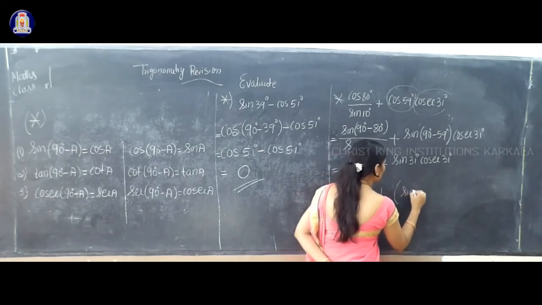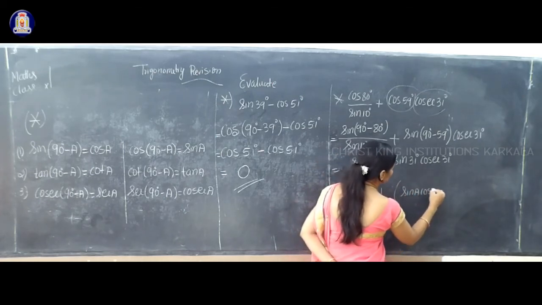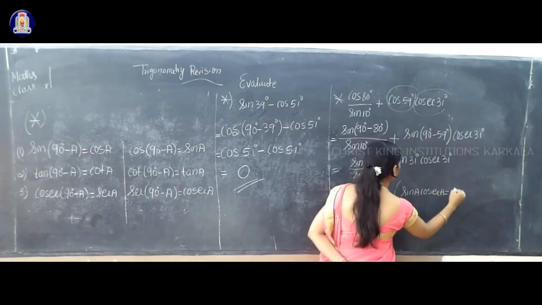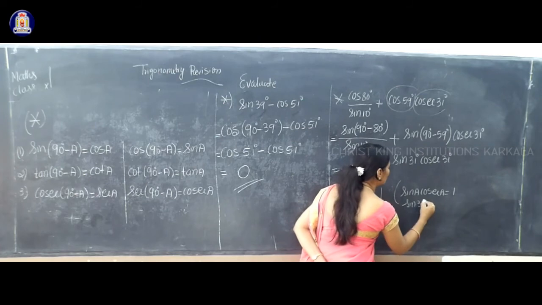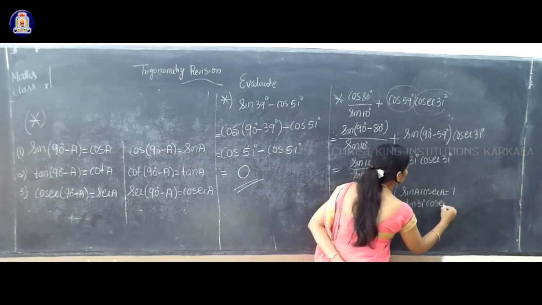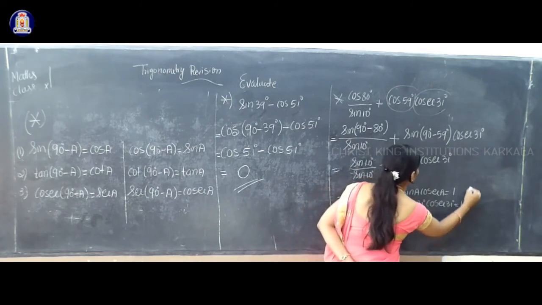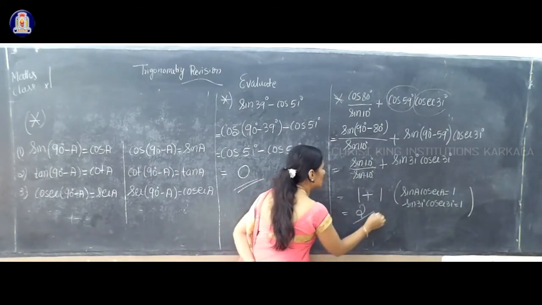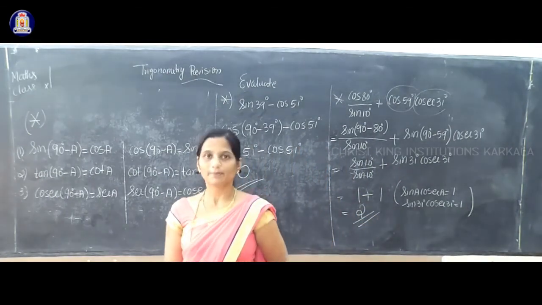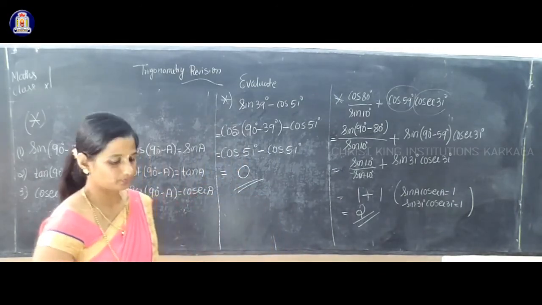Because the formula sin A into cosecant A is equal to 1. So 1 plus 1 is how much? That is equal to 2.